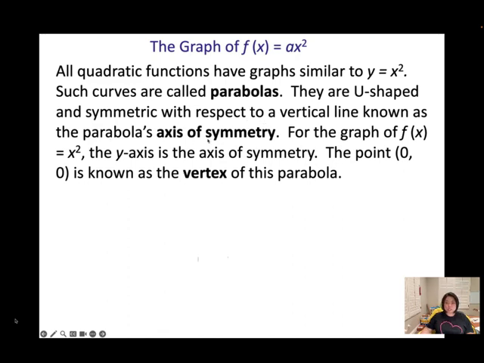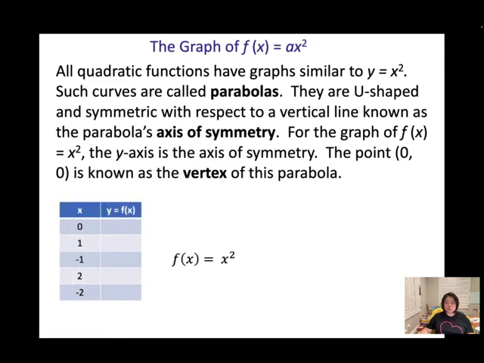Let's look at this example. Let's use a table to graph this equation, f of x equal to x squared. Plug in the points first. Plug in x equal to 0, and you get y equal to 0. Try to do it by yourself and plug in all the points.